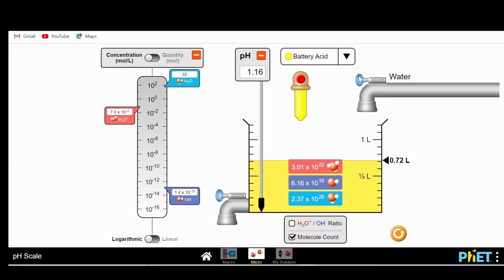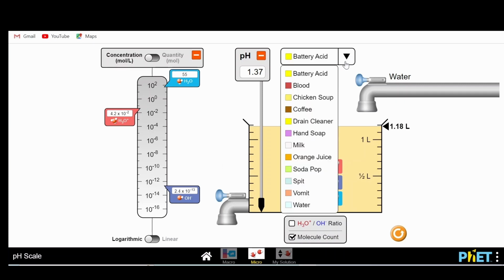Also note how in this reaction, water is a base or alkaline solution since it produces and increases the hydroxyl ion concentration, and it's accepting the hydrogen ions donated by this strong acid, which is what forms the high hydronium ion concentration compared to this much lower concentration of the hydroxyl ions.